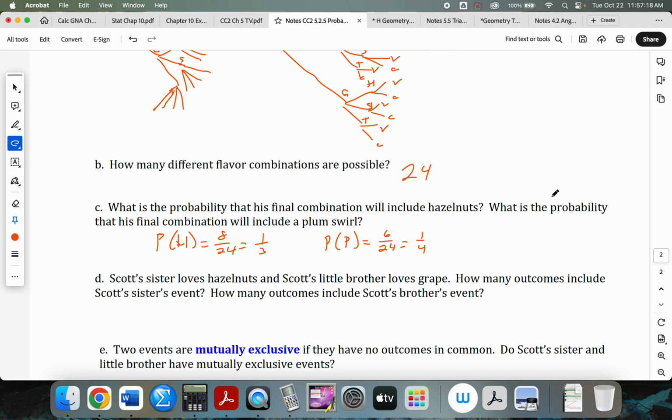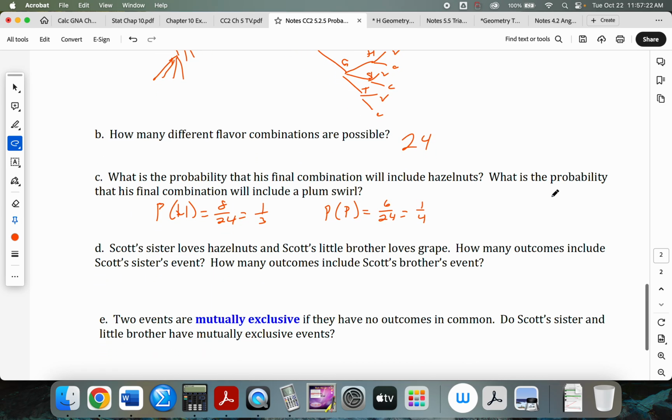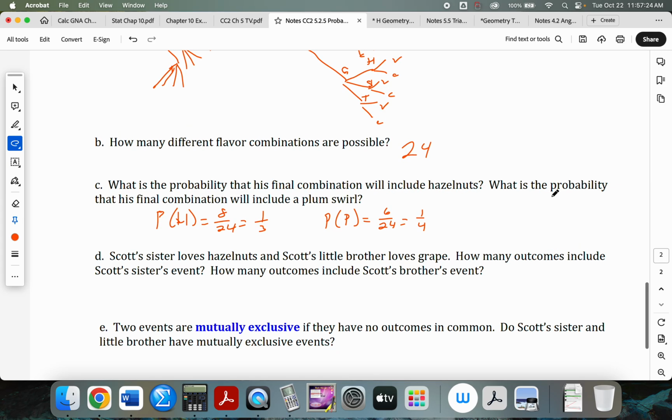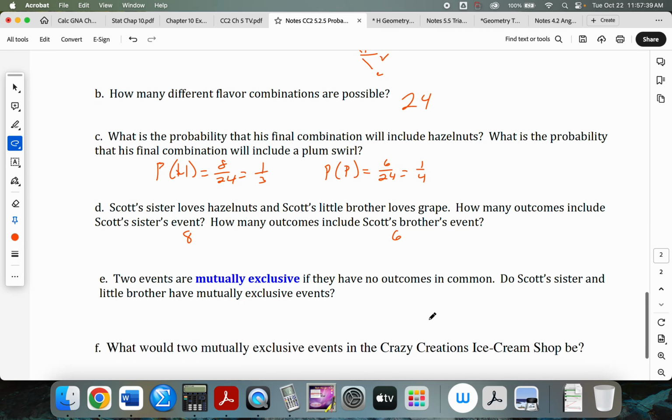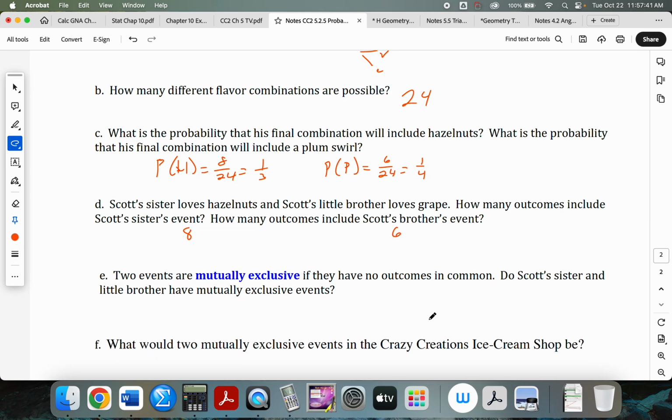So Scott's sister loves hazelnuts and Scott's little brother loves grape. How many outcomes include Scott's sister's event? Well, we already said that. There were 8 of them. And how many outcomes include Scott's brother's event? There were 6 of those. 2 events are mutually exclusive if they have no outcomes in common.